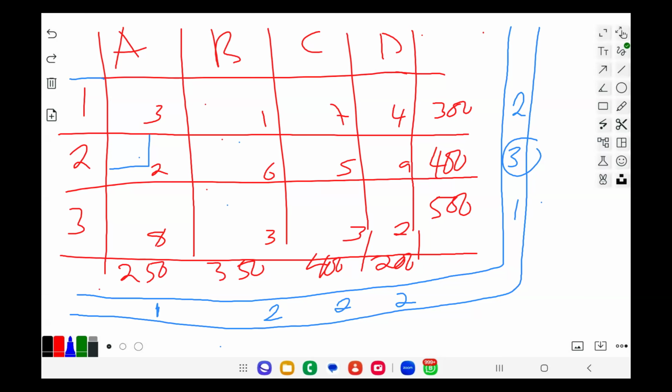Then in that row you look for the minimum, the least, which in our case is 200. Then from there we do the allocation. We are allocating 250 versus 400, which will just be 250. That will make us cancel that one and this one, because there is 250 here. And this will give us 150.